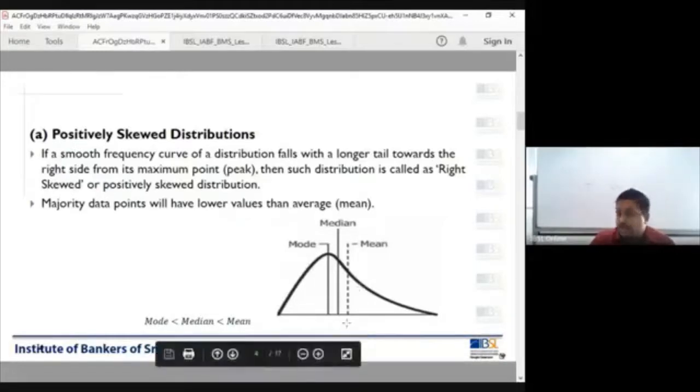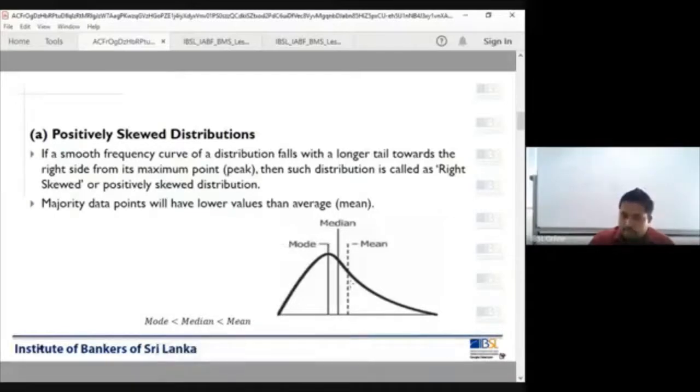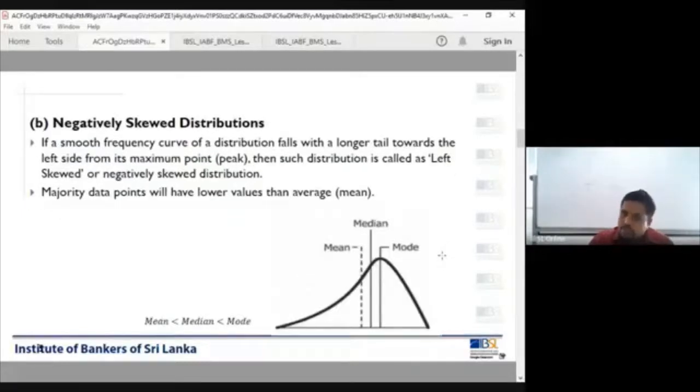Mean may not be an actual value, irrespective of mode and median. We'll discuss a classroom example, but for the completion of the segment, let's see what the negatively skewed distributions are.